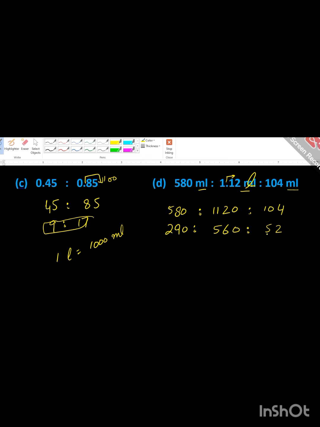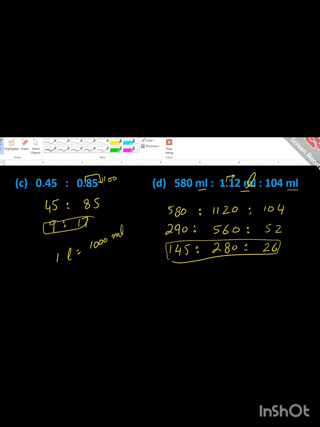Again it is divisible by 2, so we will get 145, 280 and 26. So I think we can't further divide it. So this is your simplest form and this is the answer of this question. Clear? You can divide it on the rough sheet as well.